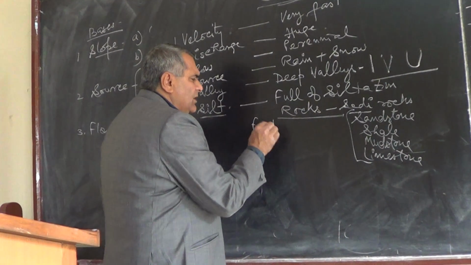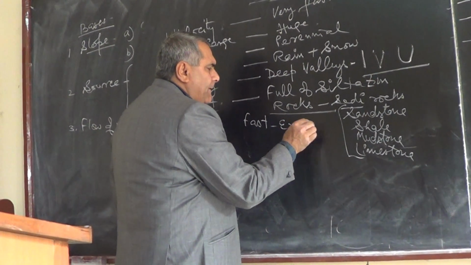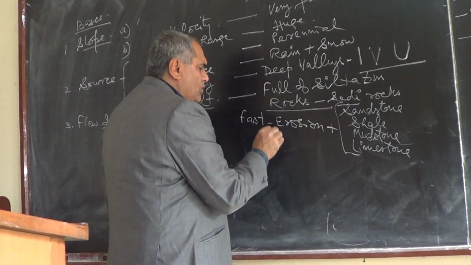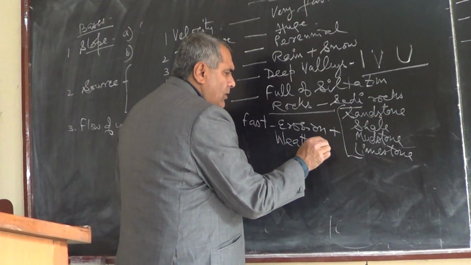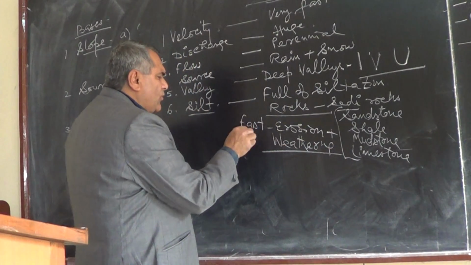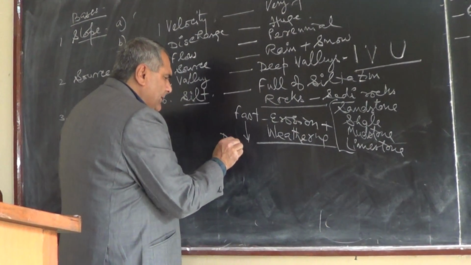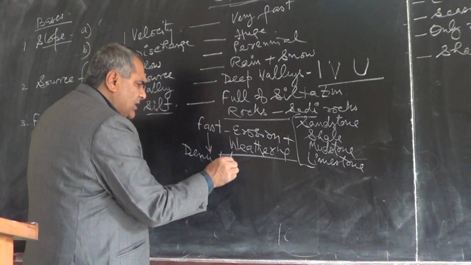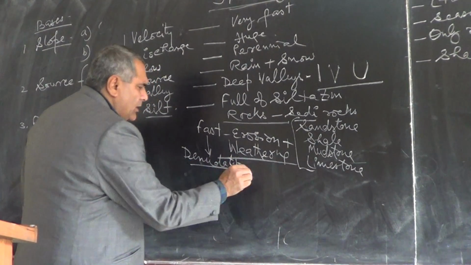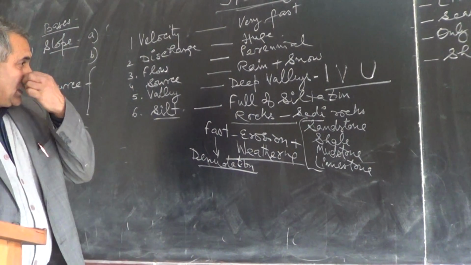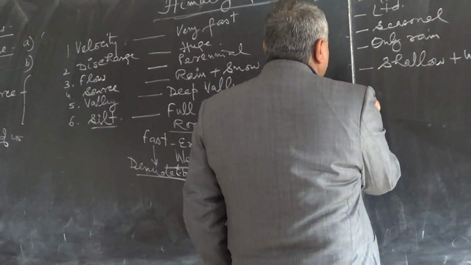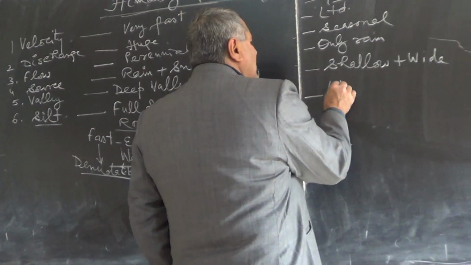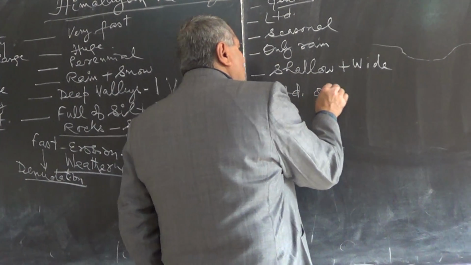Fast erosion plus weathering. Overall, you can say fast denudation. Denudation is a bigger terminology. And peninsular rivers have limited or no silt.